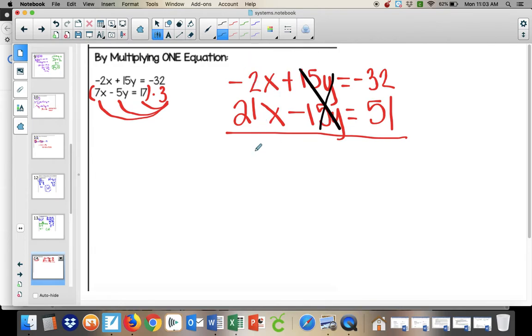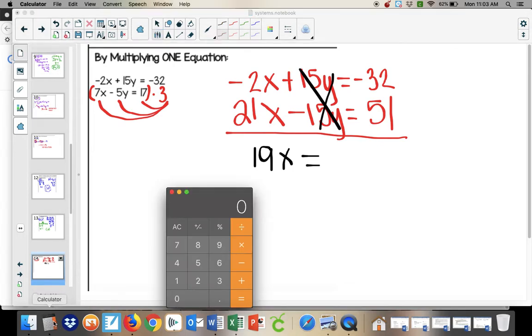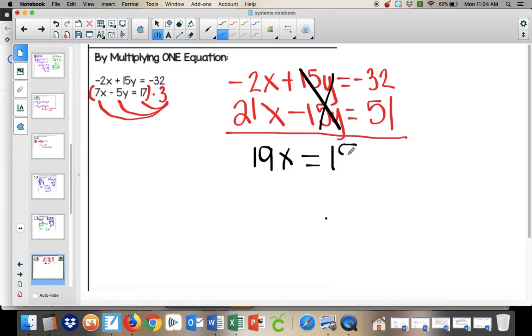Negative 2 plus 21 is 19. So I have 19x equals 19. So what does x give us? 1. All right, let's plug that into the top one again.